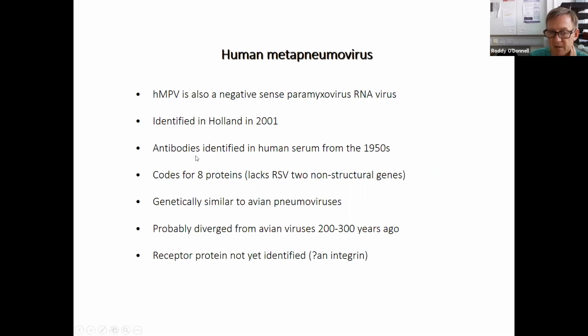There are antibodies that have been identified in human serum for human metapneumovirus going back to stores from the 1950s, which is about as far back as we can go. But probably it diverged only 200 or 300 years ago from avian viruses. We haven't yet worked out how it binds to human beings to enter the body.